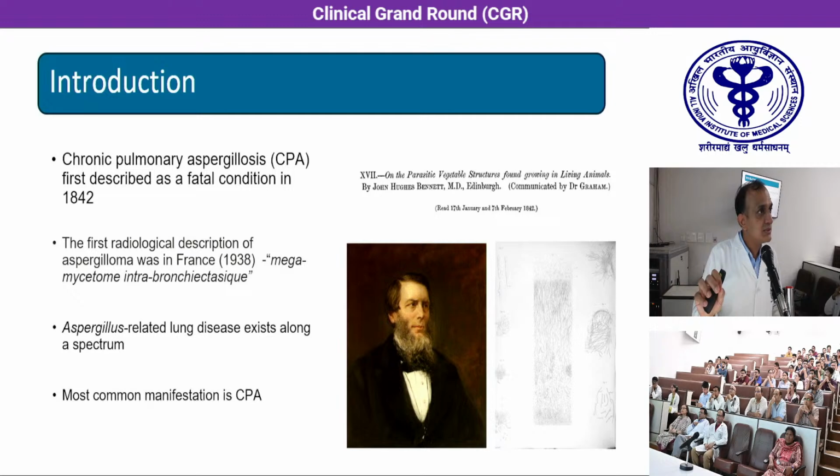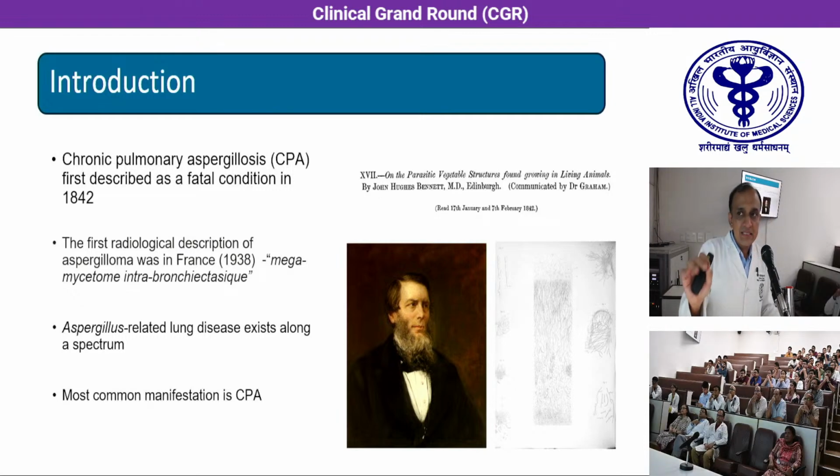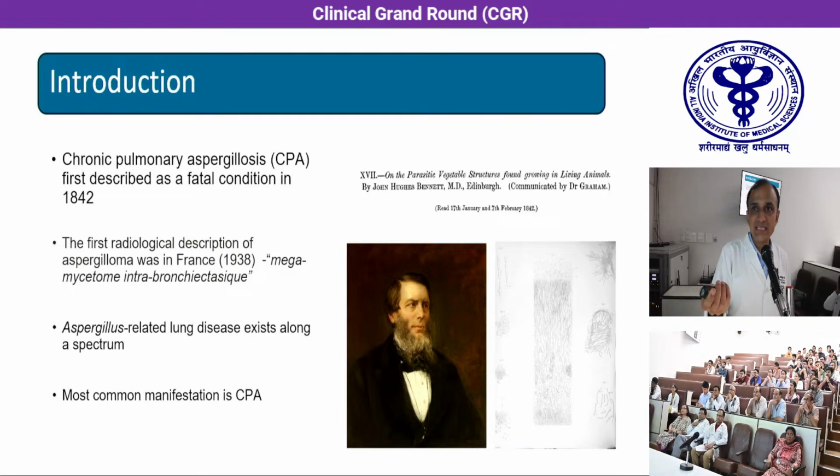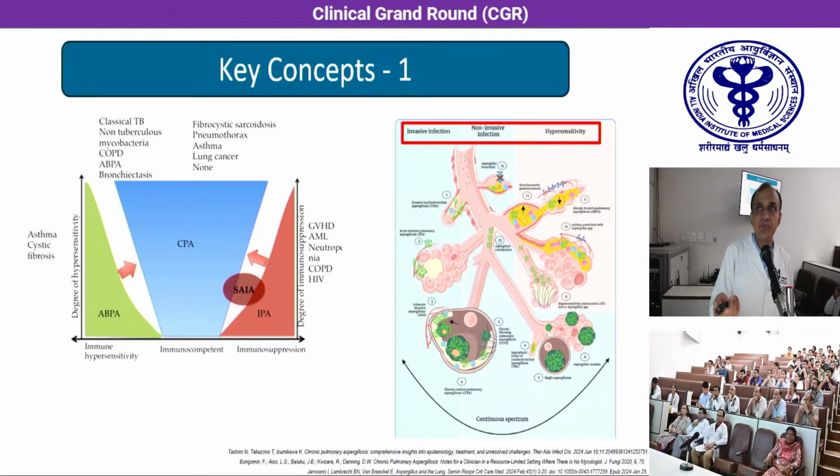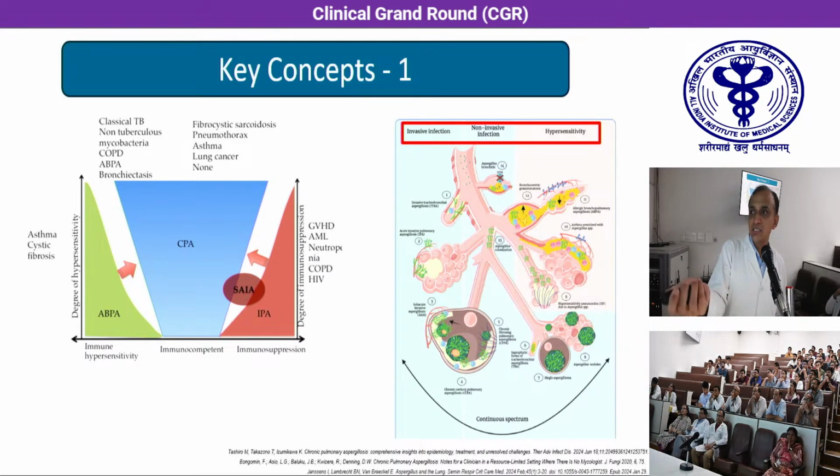The radiological term of mycetoma was first described around 100 years back, in France. Now it is important to realize that chronic pulmonary aspergillosis, or CPA, is one of the most common manifestations of aspergillus-related lung disease, which exists along a spectrum. So when I talk about this spectrum, you can see this.